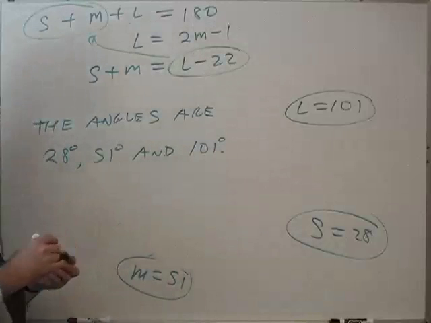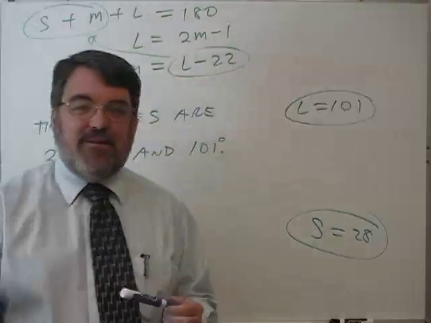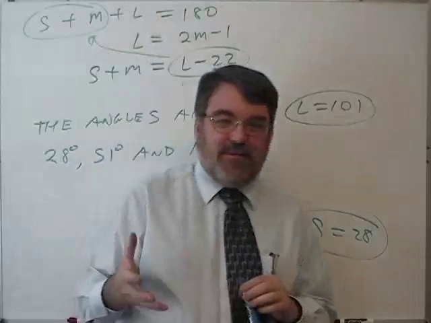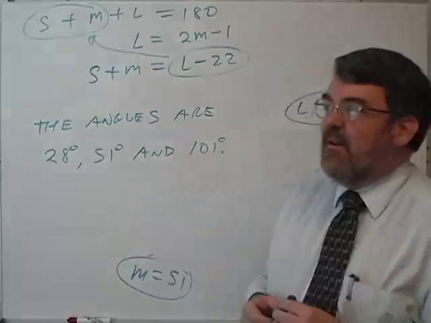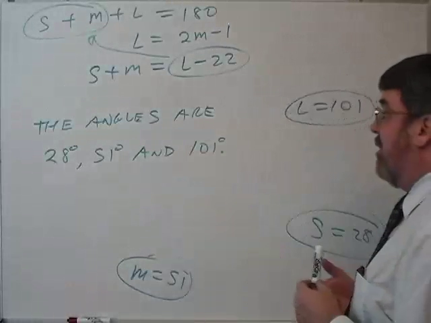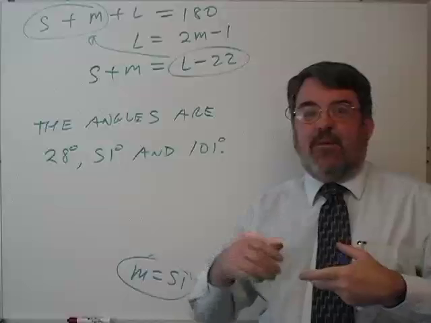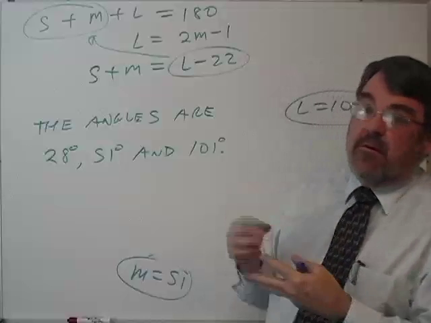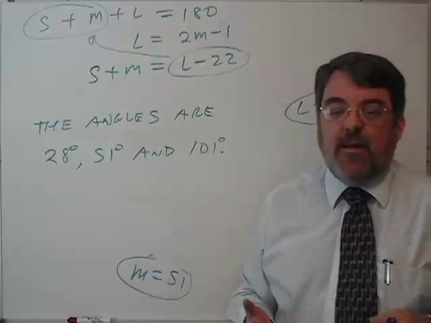Right, so through the years when I've given similar problems on tests or homework, students will write the smallest angle is 28 degrees, the middle size angle is 51 degrees, and the largest angle is 101 degrees.